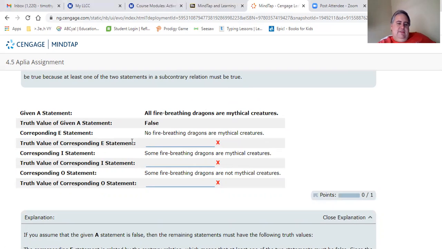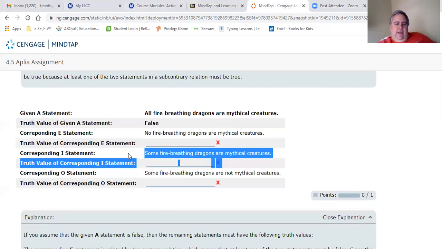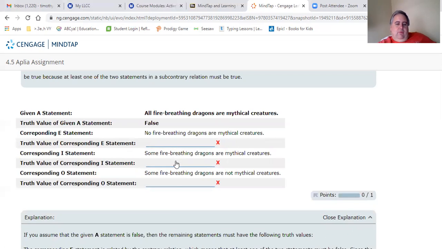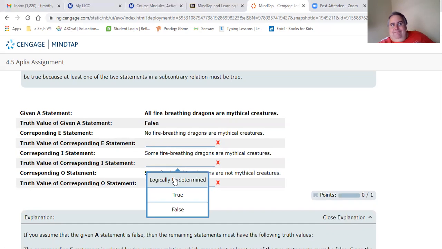Some of them won't be determinable, because, for example, falsity doesn't go down. So when you go from an A statement down to the I statement, which is this one here, we know that we can't really determine what it is, because the truth goes down, but the falsity does not.